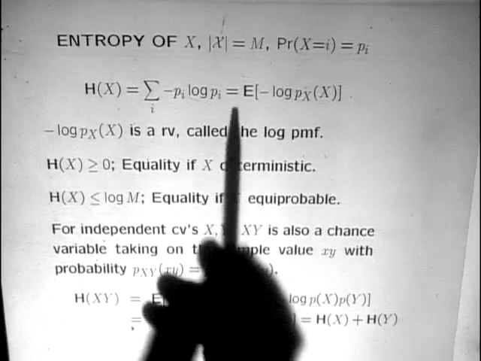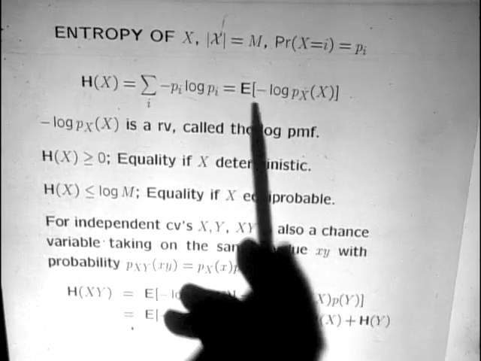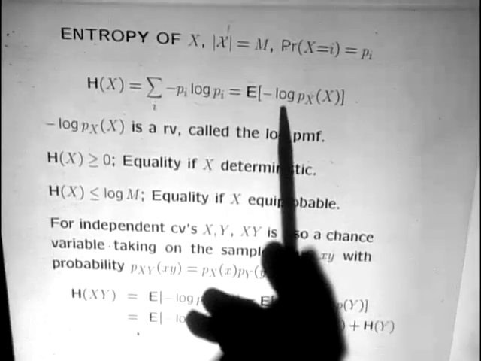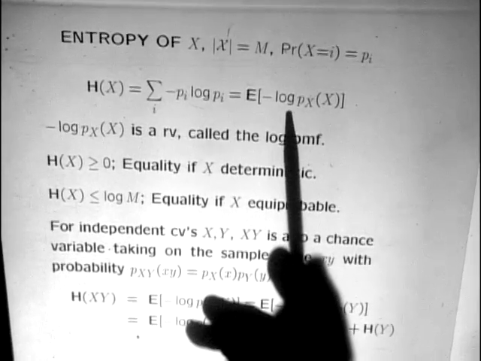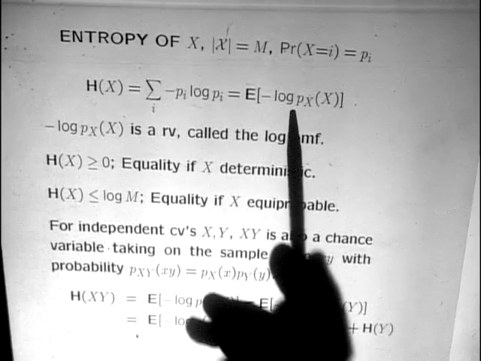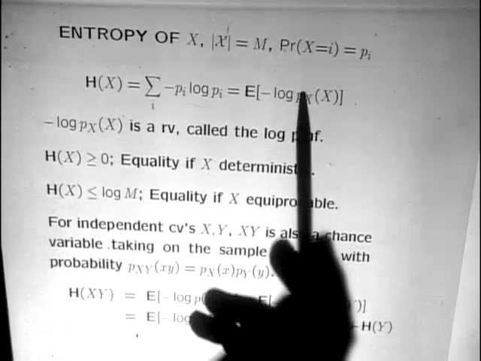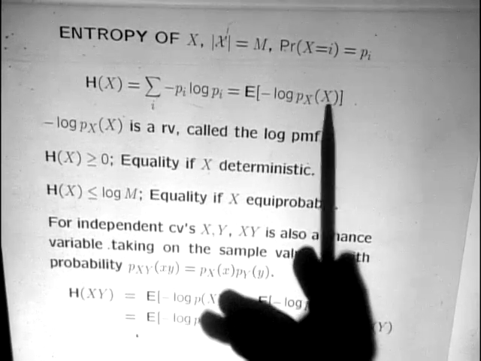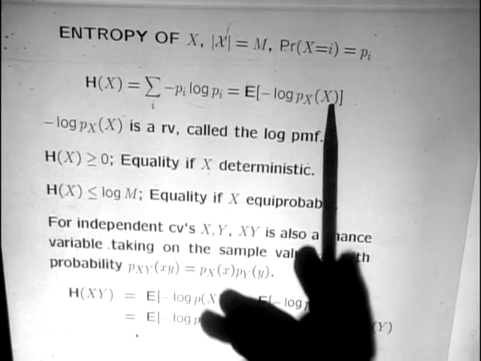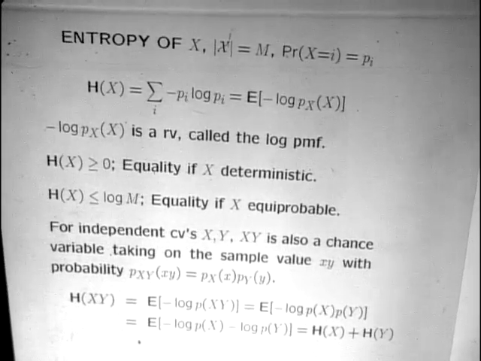And a nice way of representing this is that the entropy is equal to the expected value of minus the logarithm. Logarithms are always to the base 2 in this course. When we want natural logarithms, we'll write ln. So it's log to the base 2 of the probability of the symbol X. We call this the log PMF random variable.